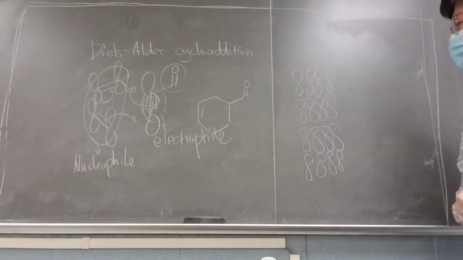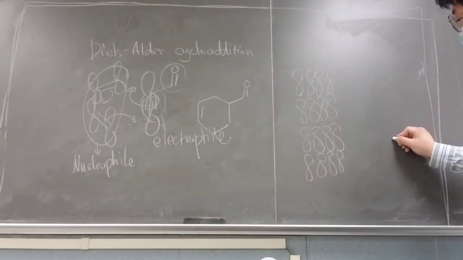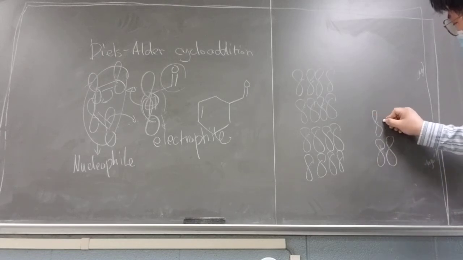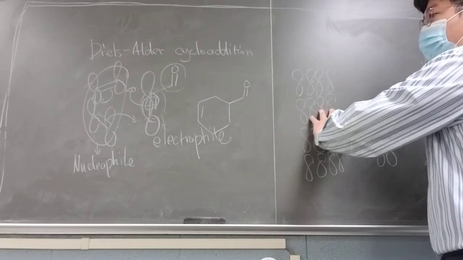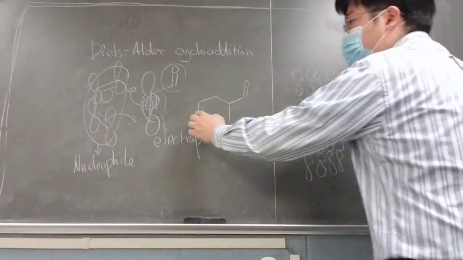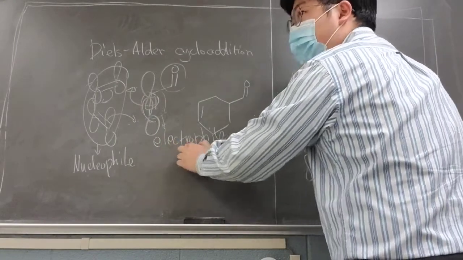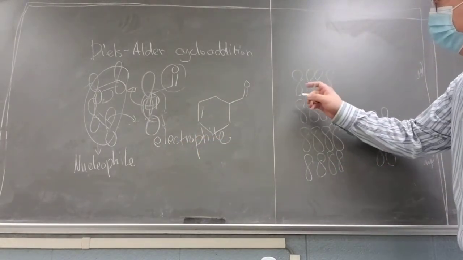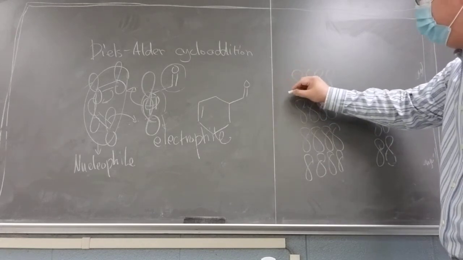Okay, so once again, you see there will be 4 p orbitals for the diene, but only 2 for the dienophile because it only has one double bond. So I just draw 4 and 2 over here. This is a quick review from the first lecture.